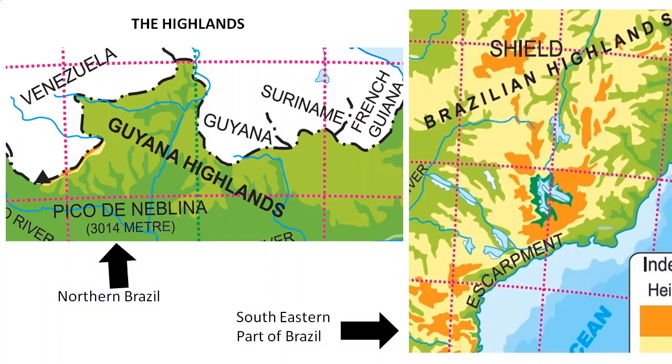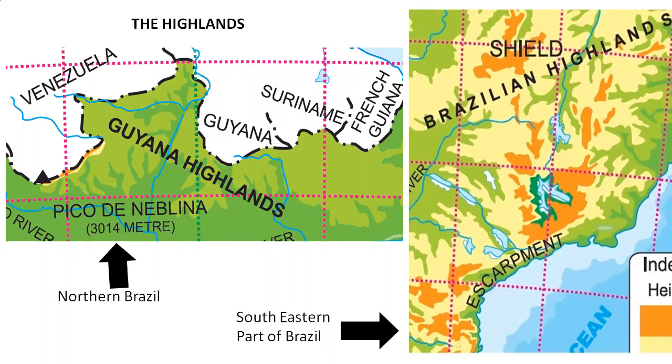The highest peak of this region is the Pico da Neblina, which has an altitude of around 3014 meters above sea level. It lies on the borders between Brazil and Venezuela.